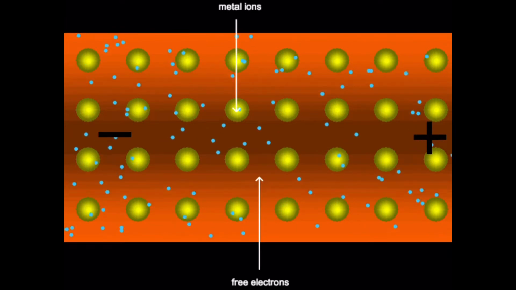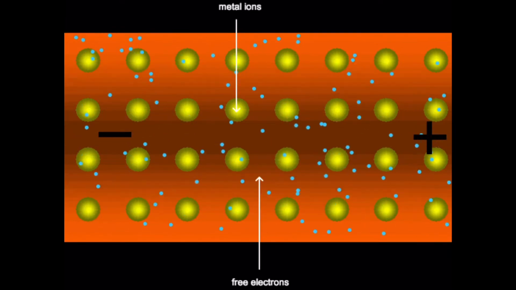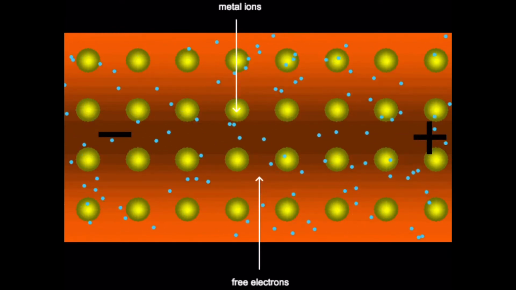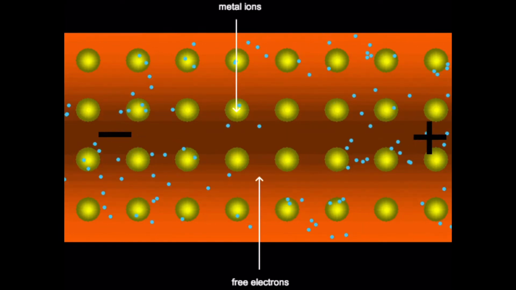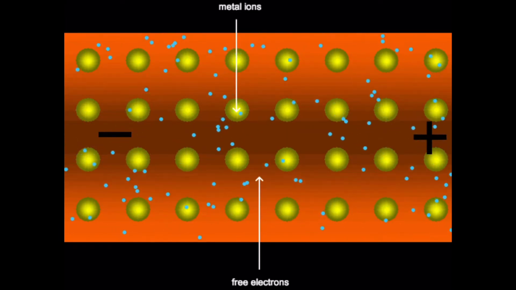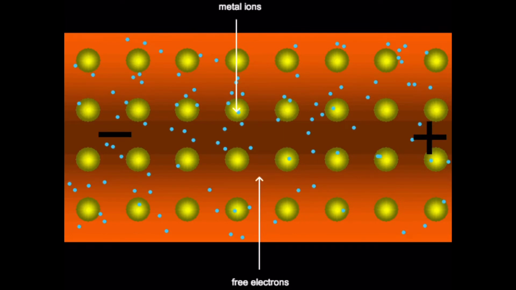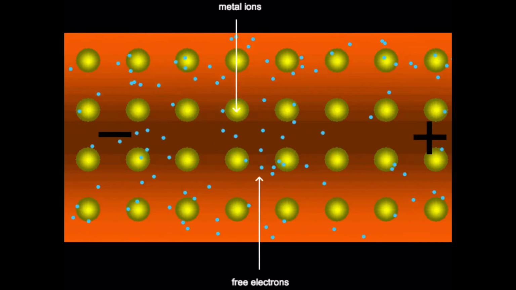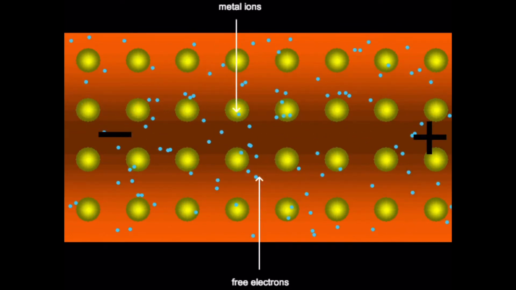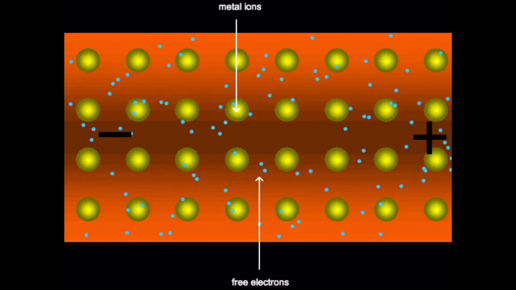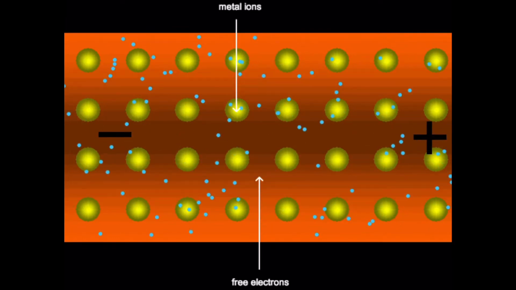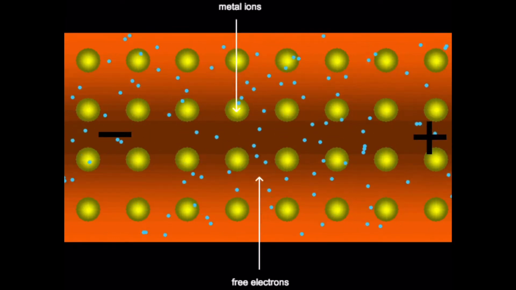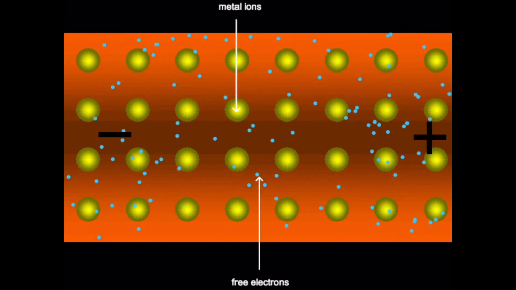Okay, so what you should have got in your answer is that the electrical energy can be carried from one region of the copper wire to another because of the free electron clouds, the delocalized electrons, which are found in the metal.